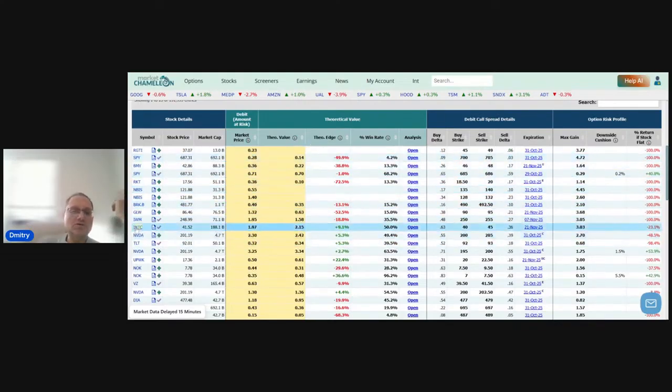For example, here in Intel, we see that right now this particular spread, the November 21st 40.45 call spread, is offered at $1.97. Historically, we have a theoretical price of $2.15.